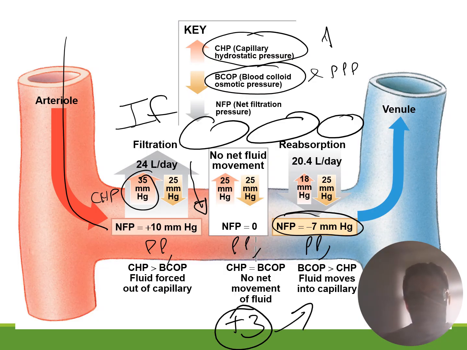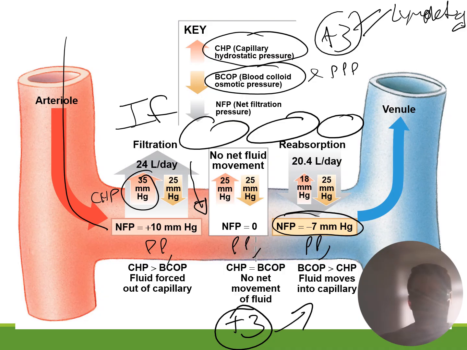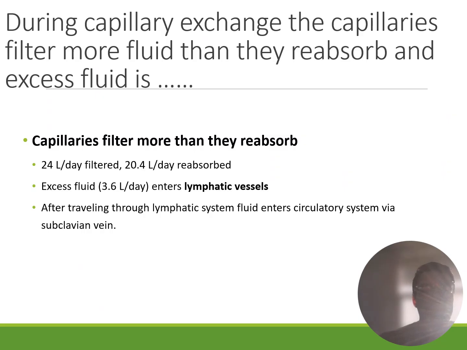That extra plus 3 is going to be sucked back in from the lymphatics. During capillary exchange, the capillaries filter more fluid than they reabsorb, and the excess fluid is reabsorbed through the lymphatic vessels.